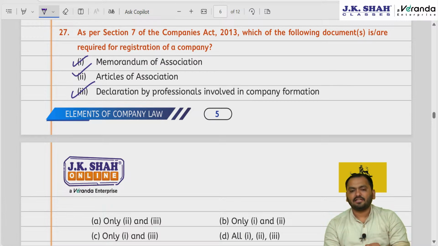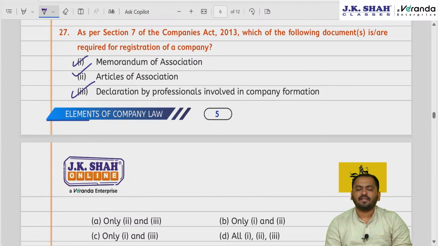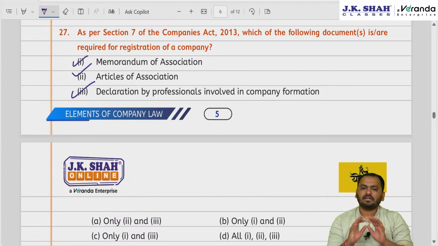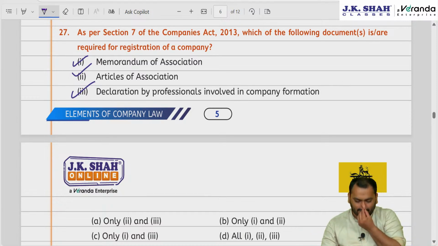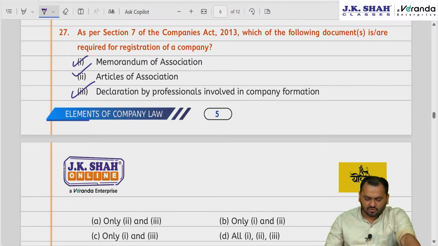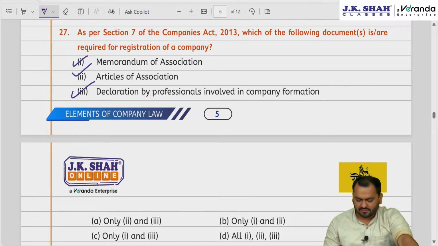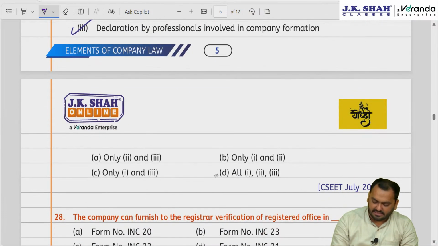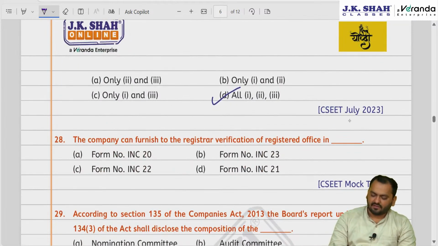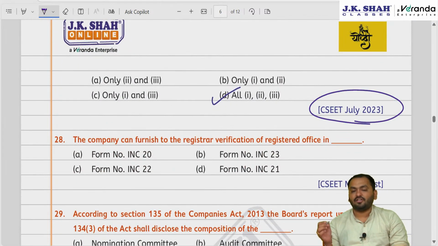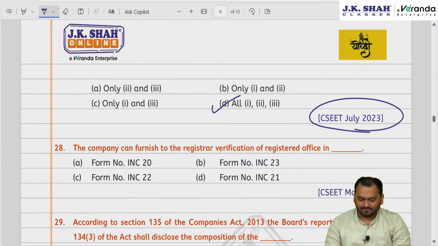Yes, in that declaration they will declare that the application we are making for incorporation of this proposed company has been complied with all the requirements of law, right? So that type of declaration will be given. So answer is option, what is the option? Come on, 1, 2, 3, all the 3 are required. So answer is D, that is all 1, 2 and 3 are required. You can see this question was asked in CSET July 23 exam.